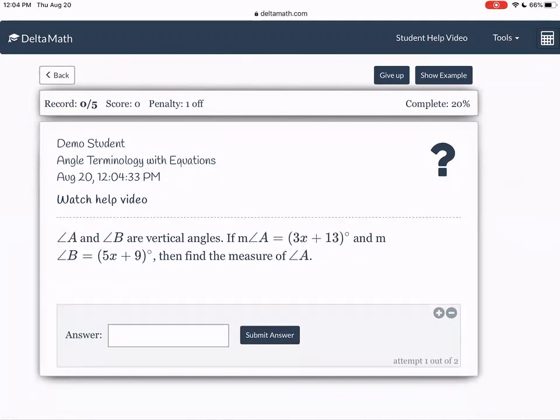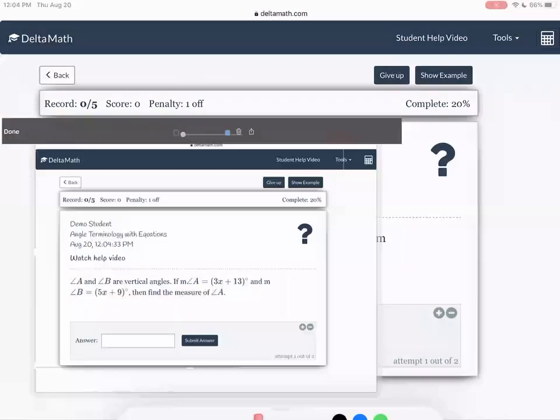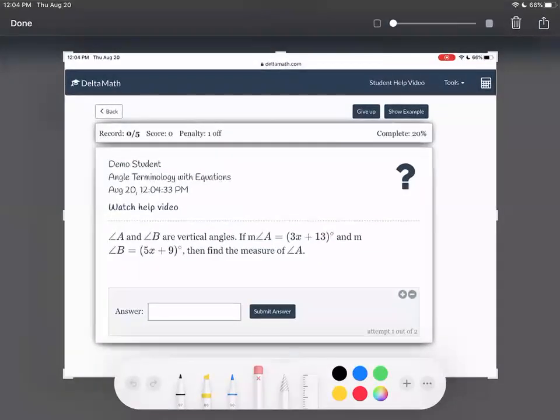So I'm going to write that out. Maybe this looks familiar to you because this topic was actually given to you in the last homework also. But we're still going to go over it a little bit. So for vertical angles, according to our note sheet, vertical angles are equal.